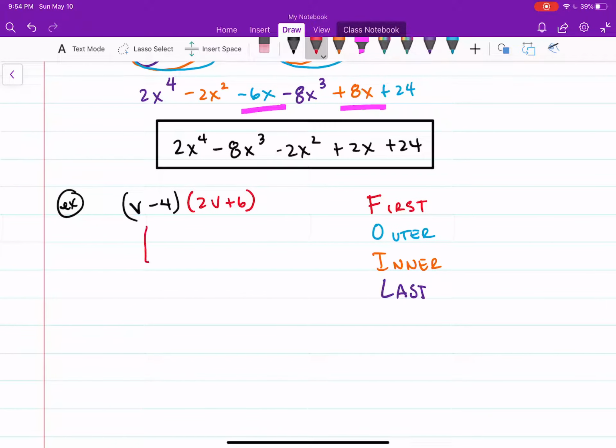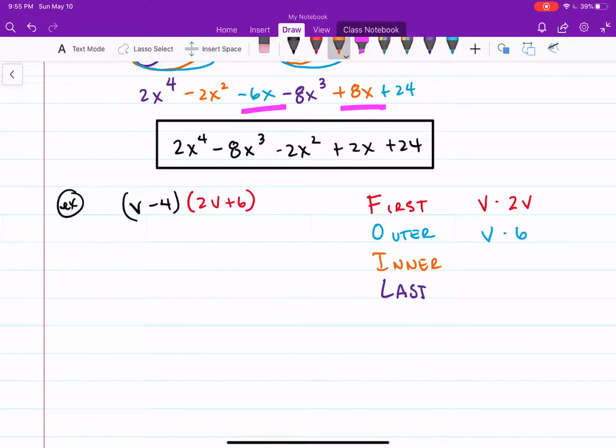So first would be the first one in each group. So that would be v times 2v, right? All right, and then we said the outer, which is the outer 2, which would be v times 6.